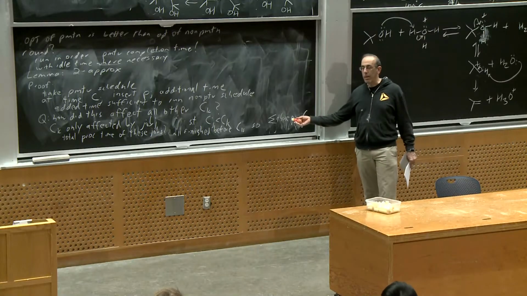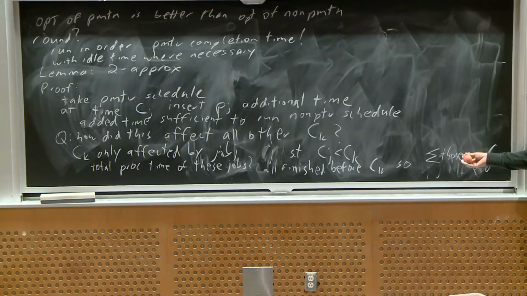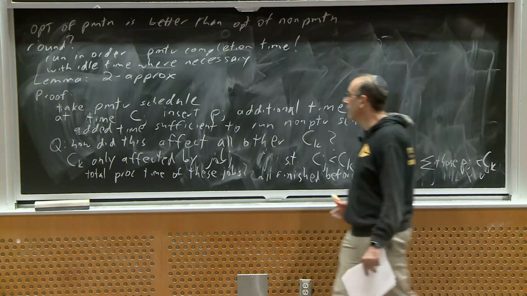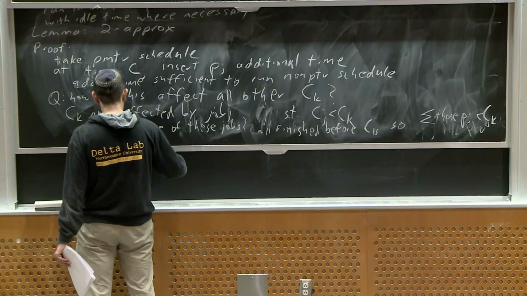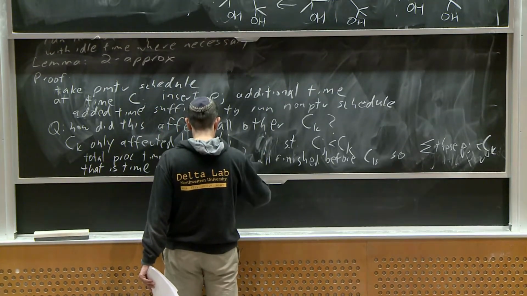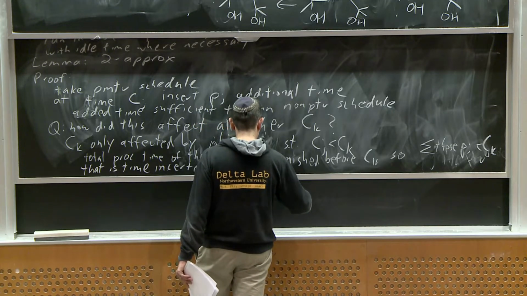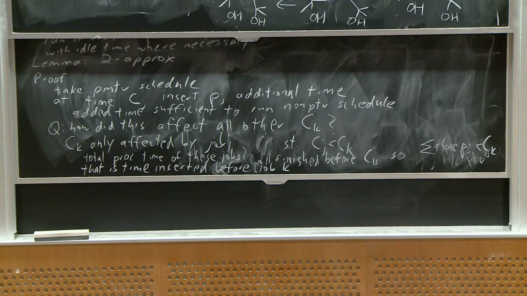But this sum of those pj's is exactly how much time I inserted into the schedule before job k. So the amount of extra time that I insert before job j is upper bounded by Cj.